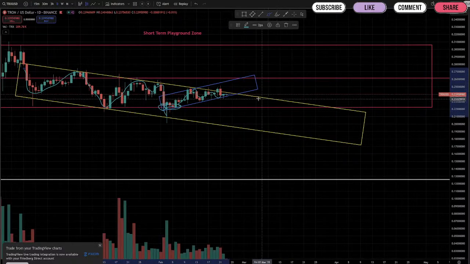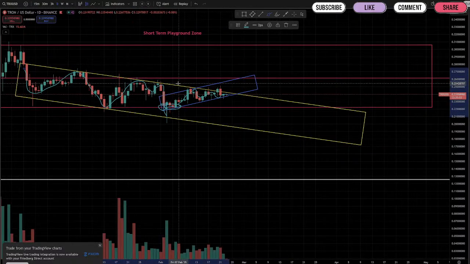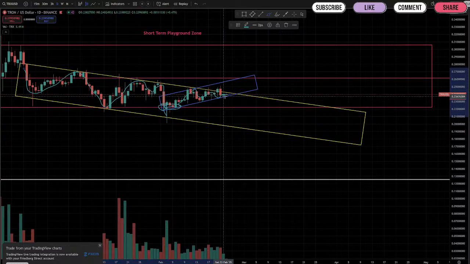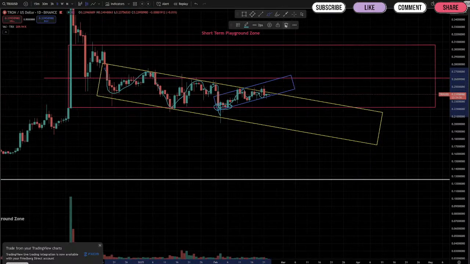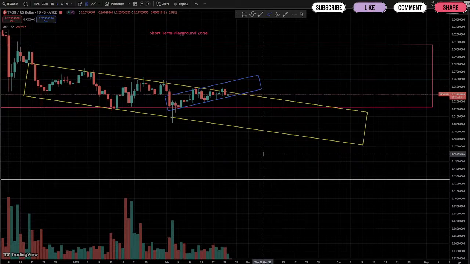So it's kind of like a wedge, right? If we take the top line of yellow and the bottom line of the blue box, it's like a pattern in the candlestick theory. So that's where it gets interesting.